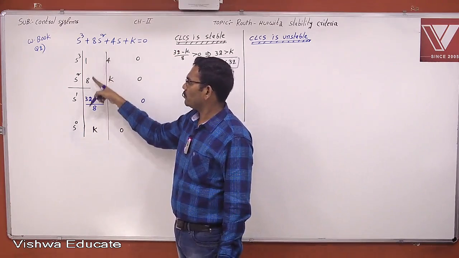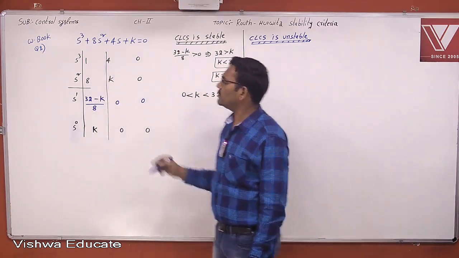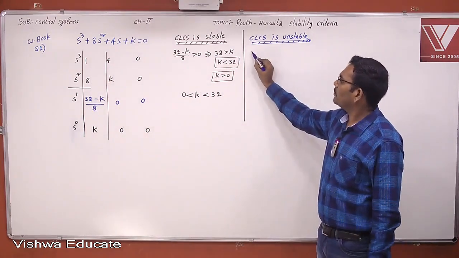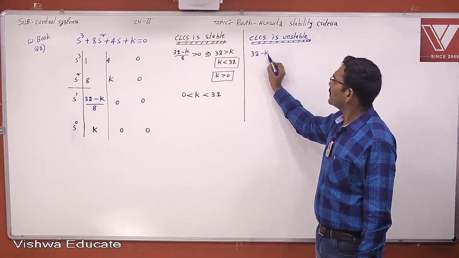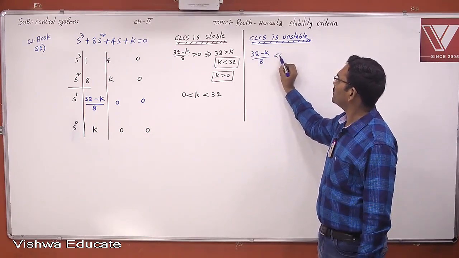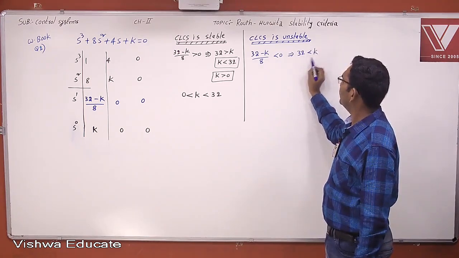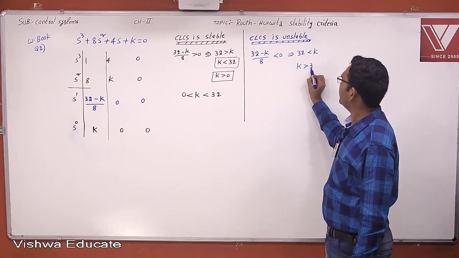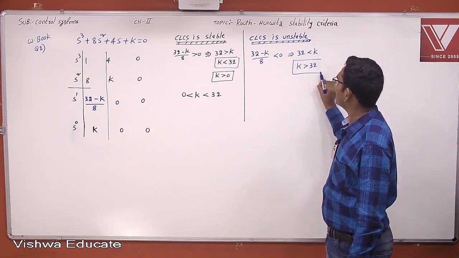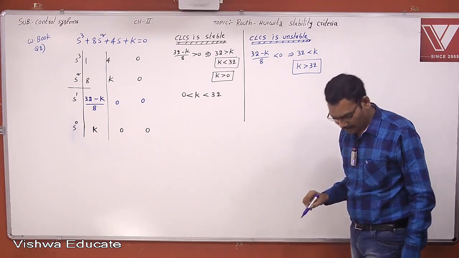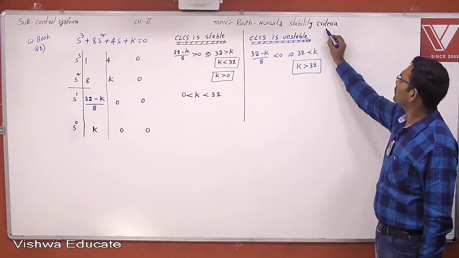This is positive, this is positive. If you make this negative, the system is unstable. Therefore (32 minus k) by 8, make it negative, means less than 0. Therefore 32 is less than k. Therefore when k is greater than 32, the closed loop control system is unstable. Is it right or not?